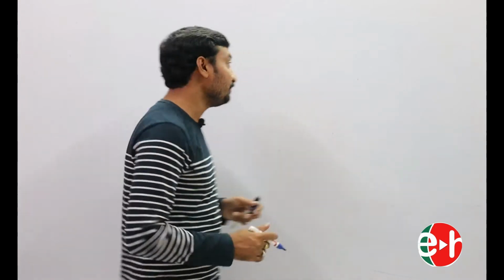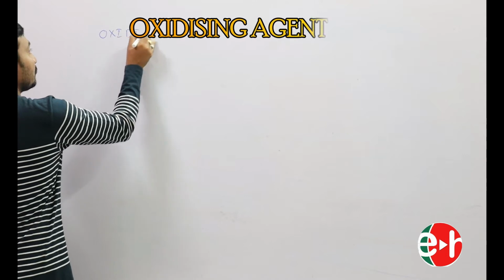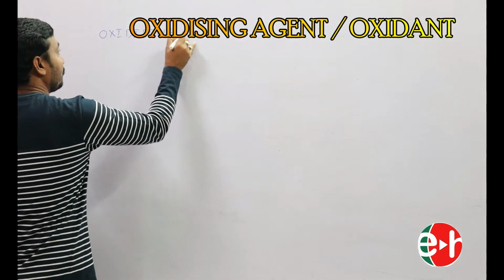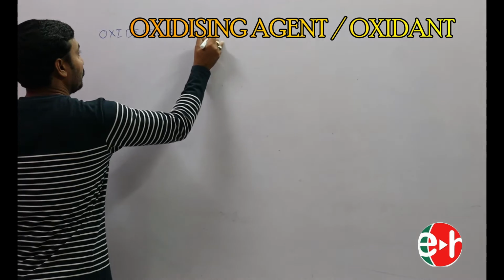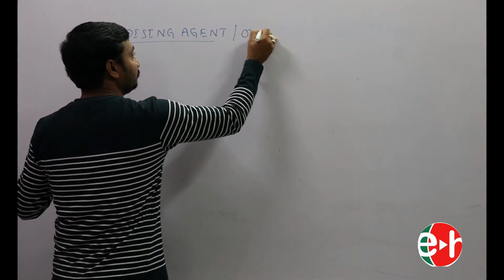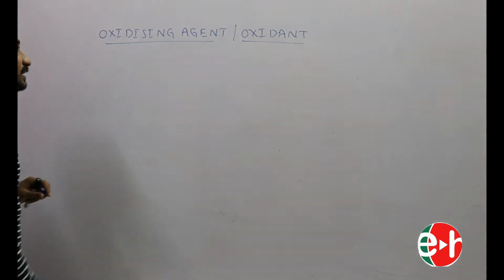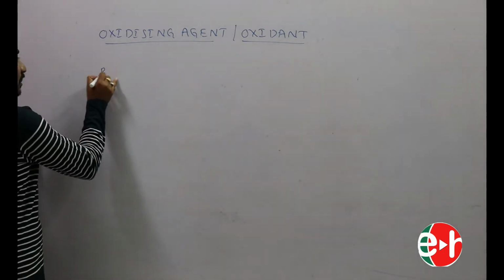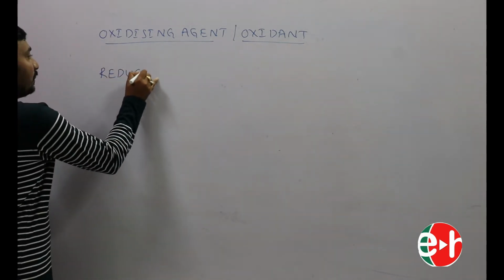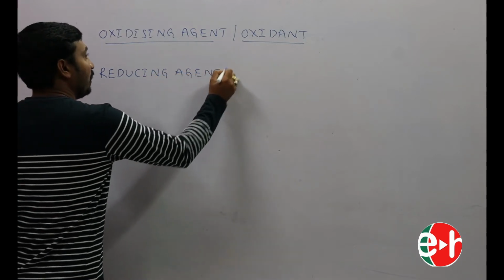Okay now, let us discuss what is oxidizing agent and what is reducing agent. Oxidizing agent or oxidant. Next, reducing agent or reductant.